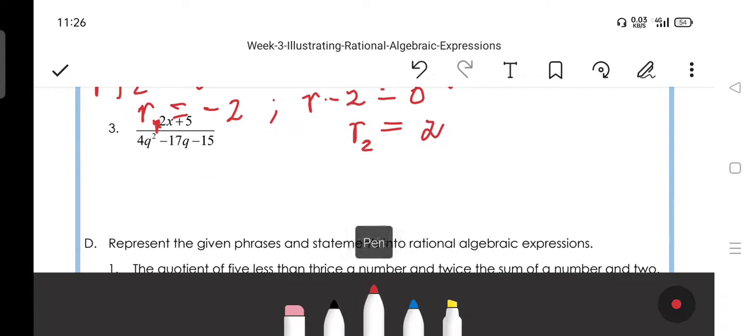Yes, supposedly this is 4q squared minus 17q plus 15. Because if it is negative, I think it would be impossible to factor the polynomial out. Okay, so it is not counted actually when I check your work. But for your benefit, assuming that this is positive 15, let me show you how to factor this out.